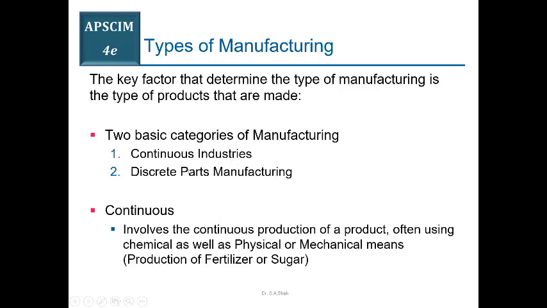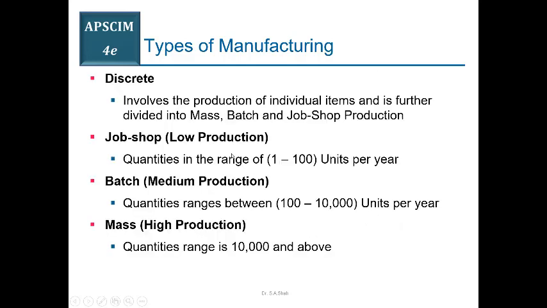इन दोनों को जब आप कंपेयर करते हैं कंटिन्यूस इंडस्ट्रीज़ और डिस्क्रीट पार्ट मैन्युफैक्चरिंग को, सो जो कैटेगराइजेशन हम करते हैं जॉब शॉप की या बैच प्रोडक्शन की या मास प्रोडक्शन की, सो that is basically with reference to the डिस्क्रीट टाइप ऑफ मैन्युफैक्चरिंग where individual components or individual products are manufactured.